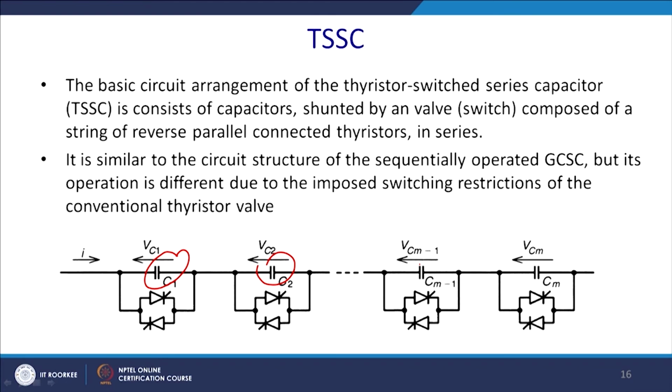We know that the thyristors have to be put in parallel with the capacitor. If you wish to short this capacitor, you set this alpha such that it almost shorts the capacitor.